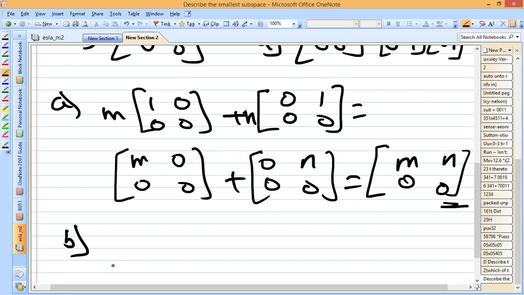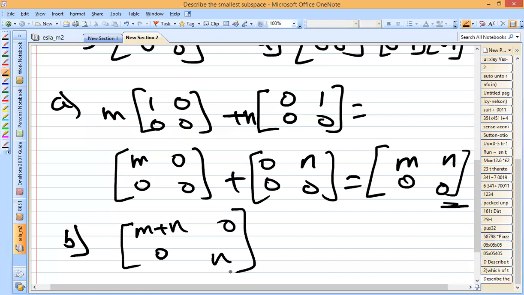Simply observing itself you can tell. m plus n, 0, 0, n. Yes, the answer for B is m plus n 0 0 n, right? m plus n 0 0 n. So this is the smallest subspace.